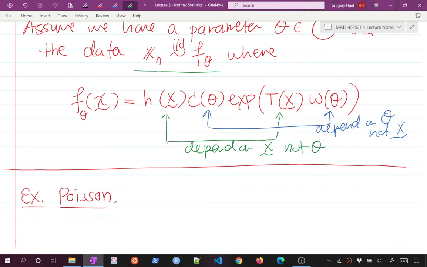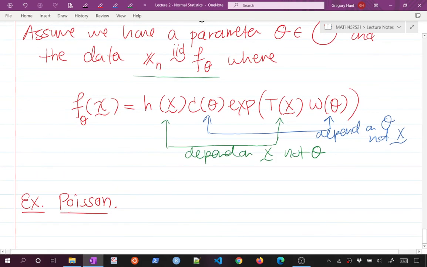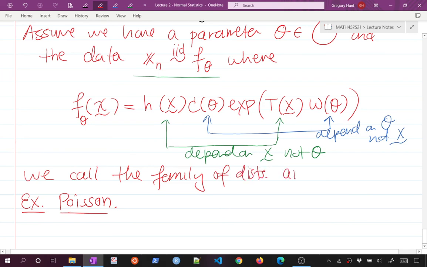I didn't finish this sentence. If we have this, we call the family of distributions an exponential family.